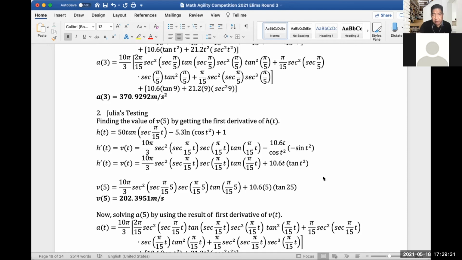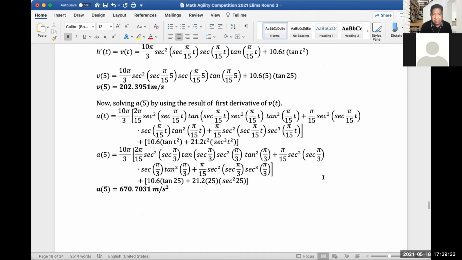Now to get the acceleration, take the derivative of the velocity. We would get this. Let's substitute the value of 5 in the equation to get a of 5, which is 670.7031 meters per second squared.